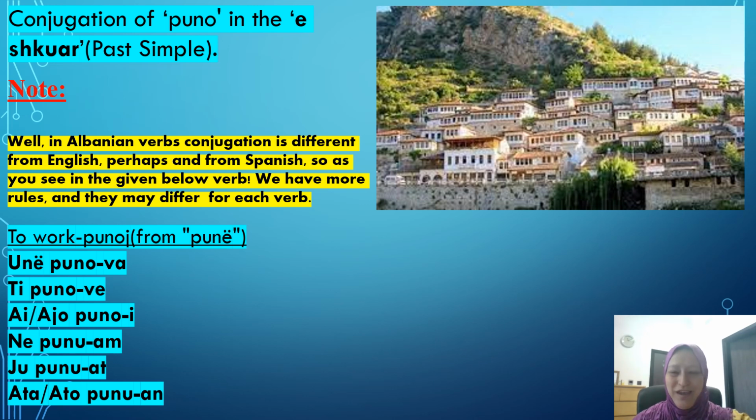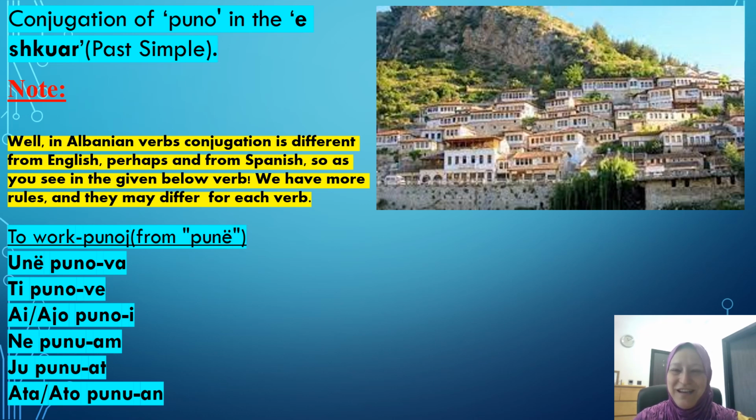Ne, we, punuam. You, in plural, punuat. Ata, ato. Again, ata refers to a group of males or a group of males and females, and ato refers just to females. So ato, punuan.